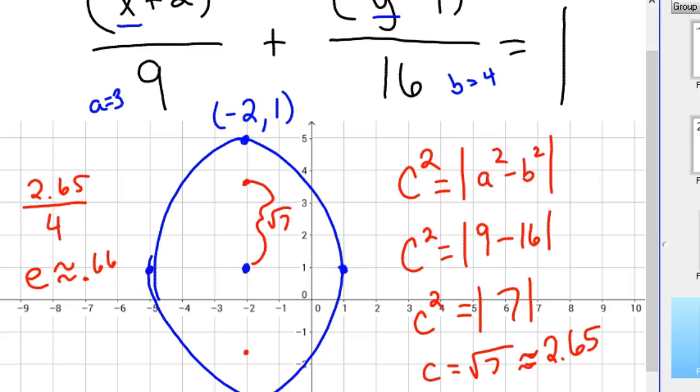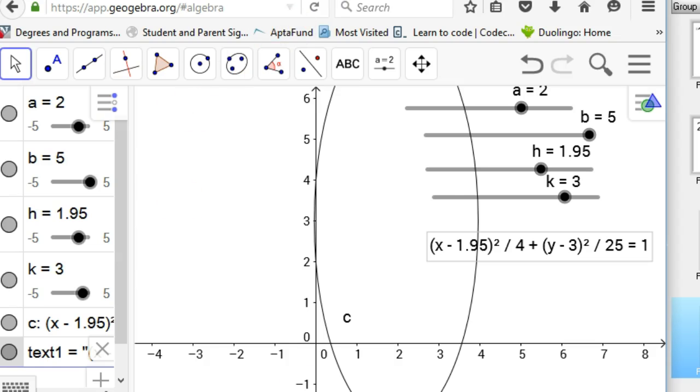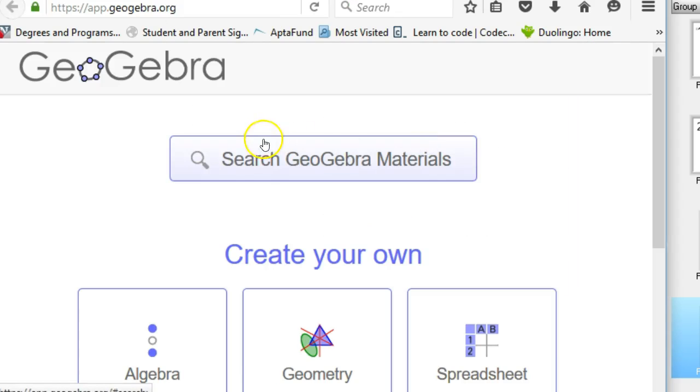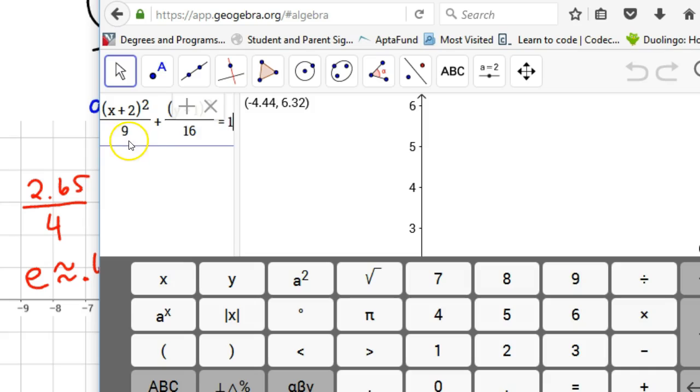Now, one last thing before we get into this, GeoGebra is really nice because you can just plug this thing into GeoGebra and find the equation. And so you can see I plugged it in over here on the left in the input.